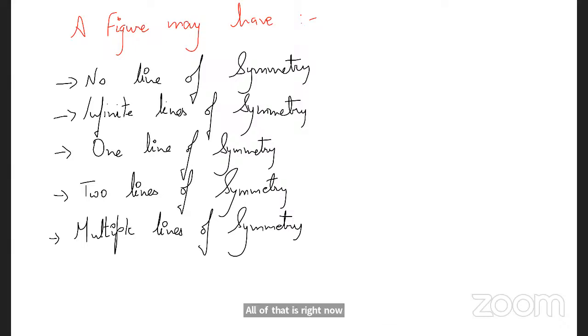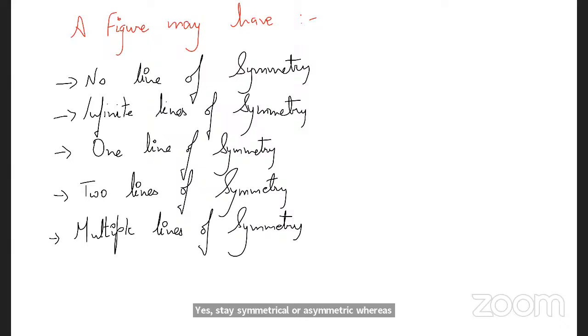Now there are some shapes which cannot be divided into equal parts, which have no line of symmetry. What are those shapes called? They are called asymmetric.